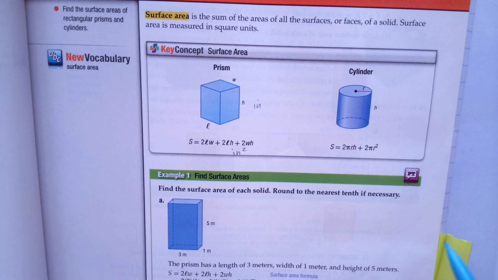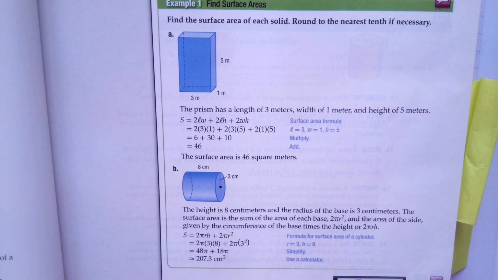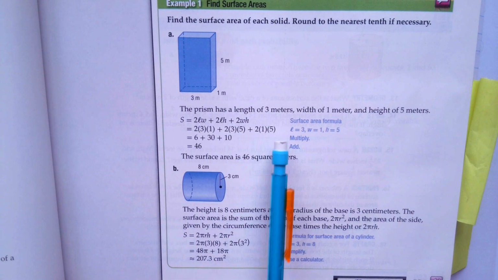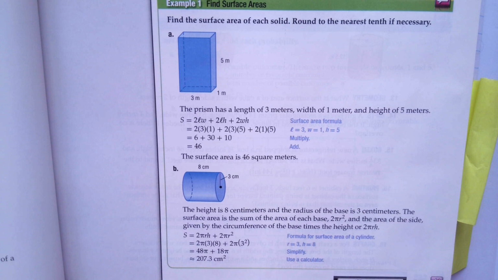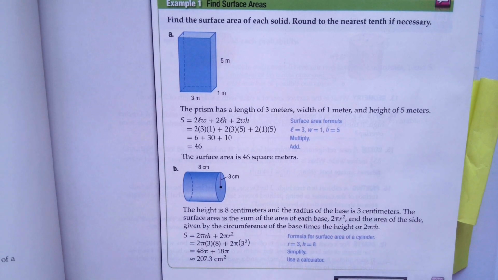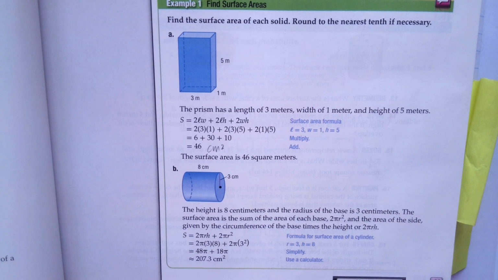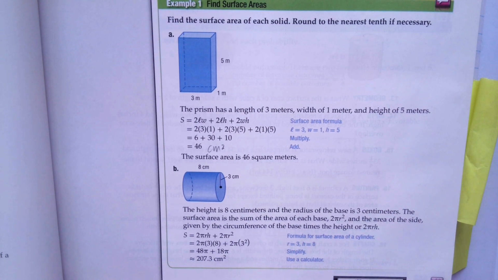So you would fill in and do each of those. And here is an example of each of those. So obviously it gets pretty long. Make sure you keep track of what you're doing because it does get confusing. And then you label your answer in centimeters squared for both of those.